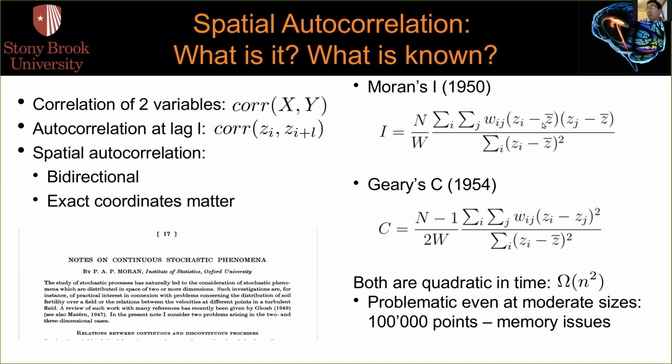And then there are two different types of kernels involved, and that distinguishes the two statistics. But the problem with them is that they're both quadratic in time. So you have to make at least n squared computations to be able to compute Moran's I and Geary's C. And that quickly becomes a problem even with moderate size data.